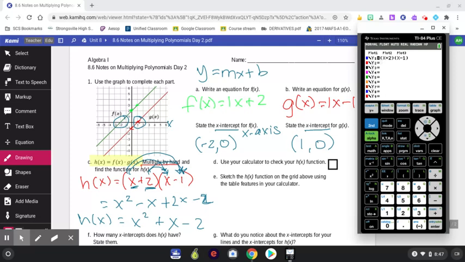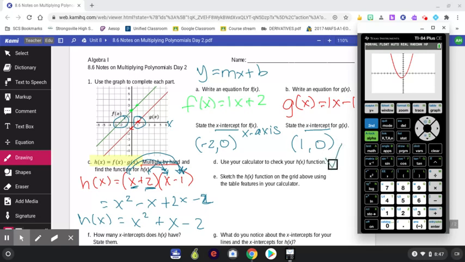Then I arrow down and I type in what I got when I actually multiplied them out, that x squared function. So x squared plus x minus 2. Then I hit graph to make sure that the two graphs are exactly the same, and they are. You could see my blue graph, this U-shaped graph, and then right over top of that is the red graph, which means that I did my multiplication correctly.